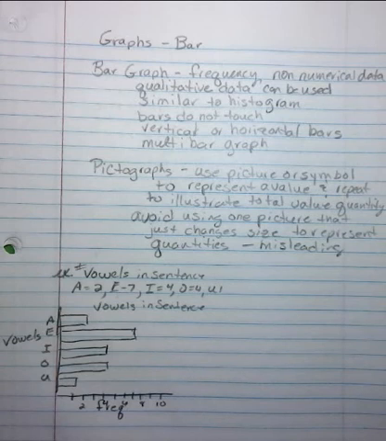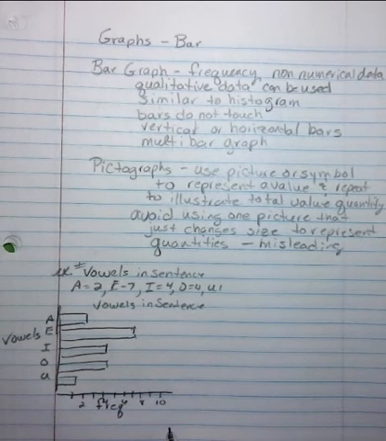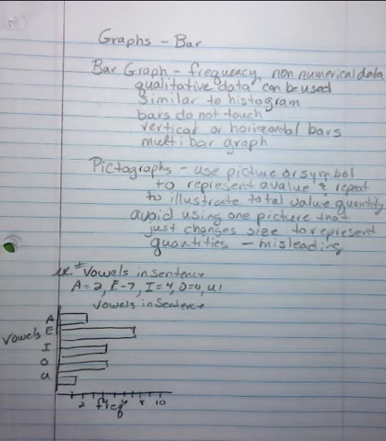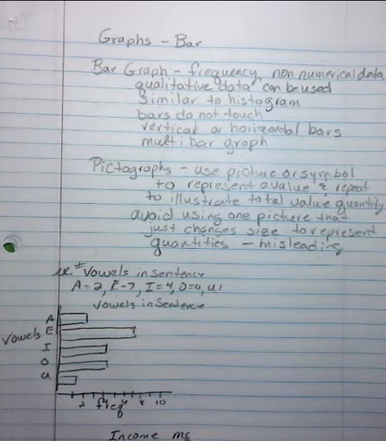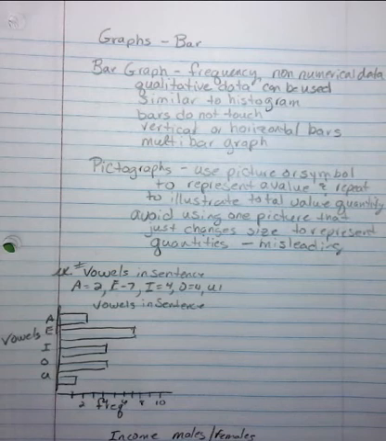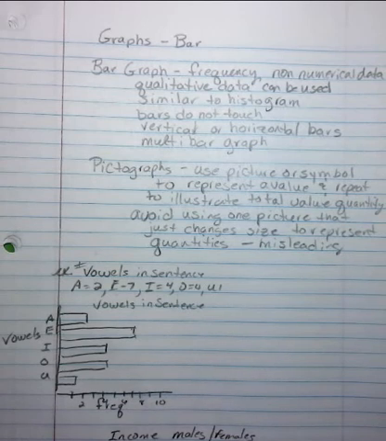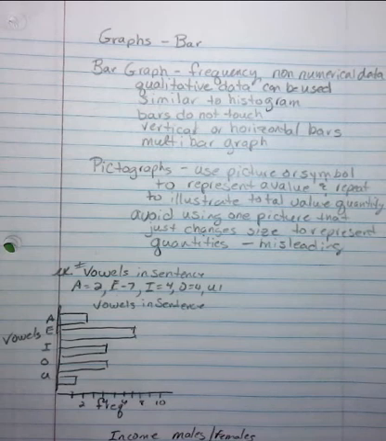I'm going to do a double bar graph next. With our data, we have the income for males and females back in the 1900s. We have the 1950s, the 1960s, and the 1970s. For the males, we had income of $2,500.